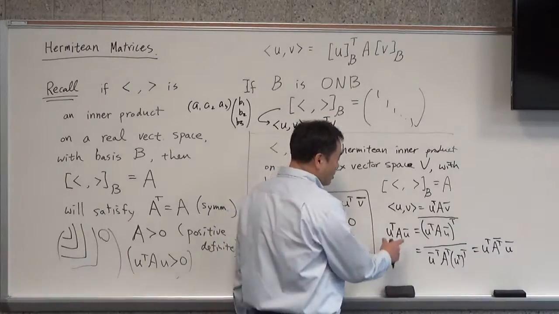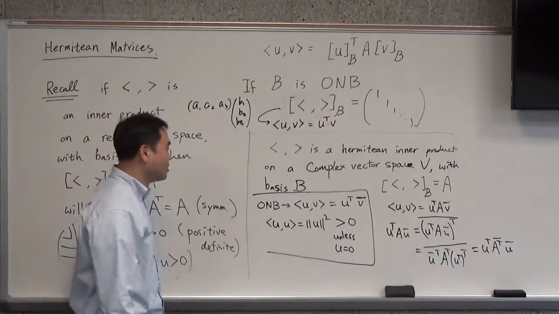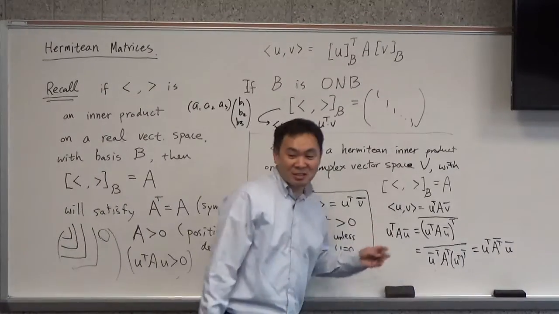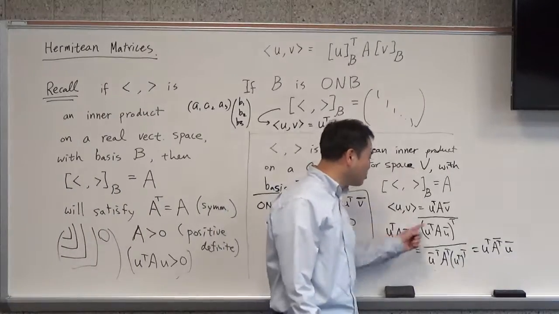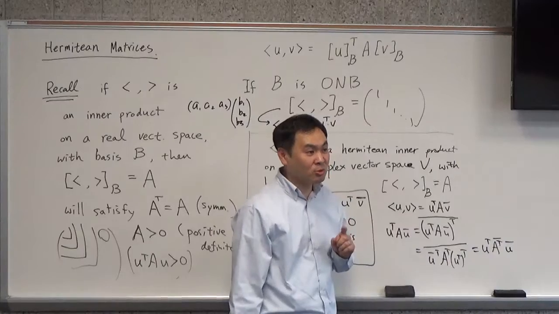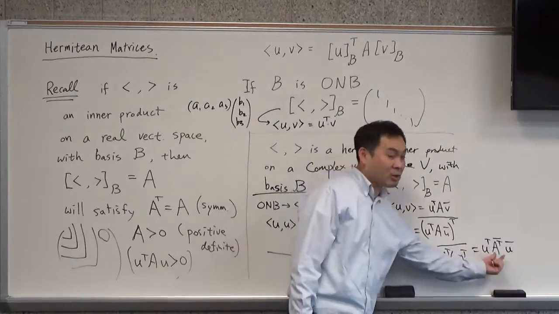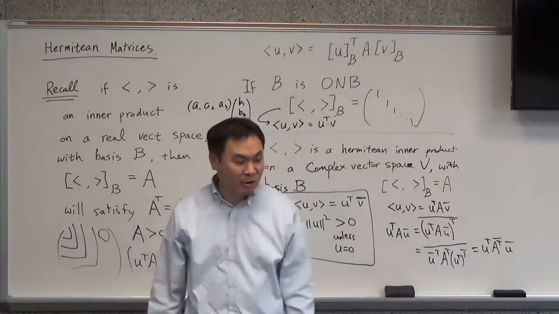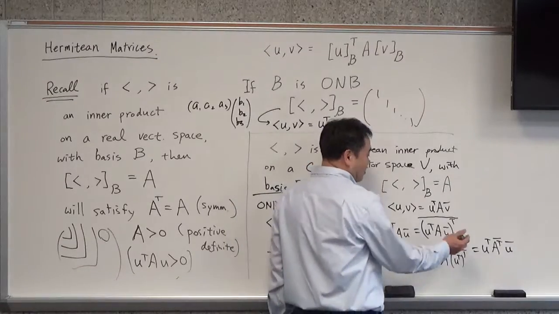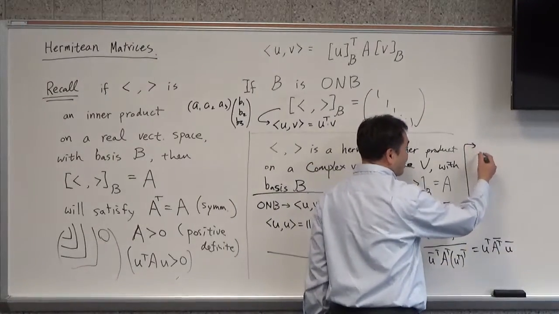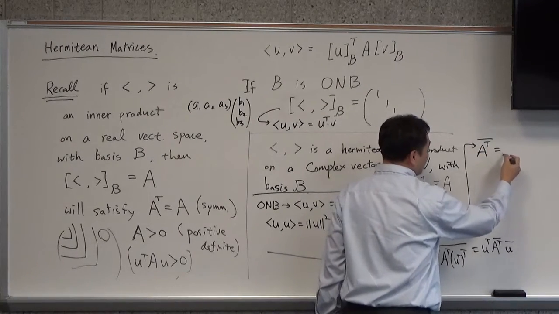From here, this being equal to this, it takes a bit more work to show that if this is true for any vector U inside the entire vector space, then these two have to be the same. That takes a little more effort, but I'm going to skip that and just conclude, hand waving a little bit, that A transpose bar should be the same as A itself.